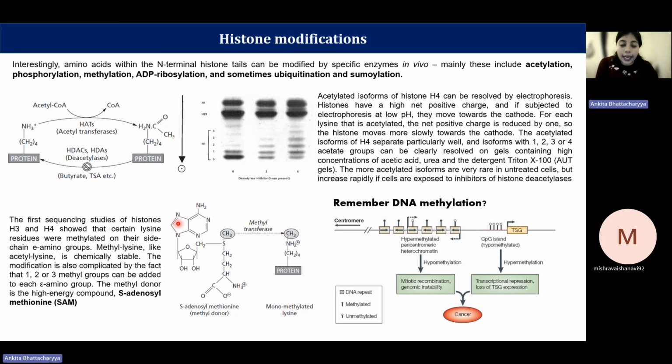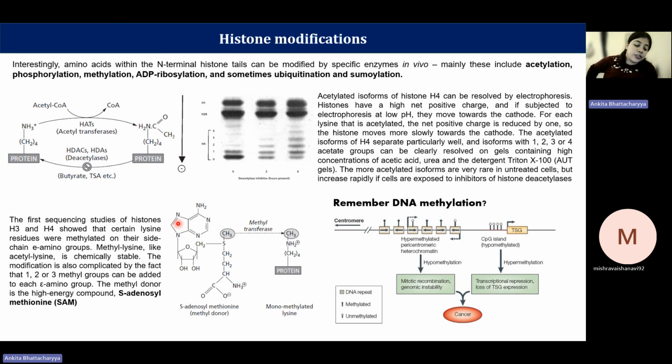Depending upon what sort of activation or repressive mark is added, the effect can be different. H3K4 trimethylation is always considered to be an activation mark, while the addition of a single methyl group is repressive in nature. So it is very context specific, and it also depends on where that methyl group is getting added.